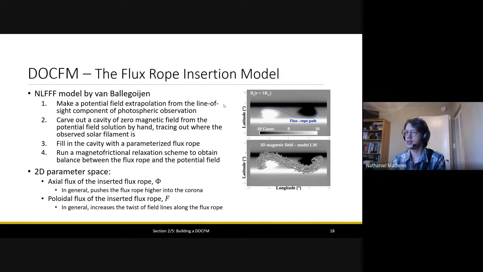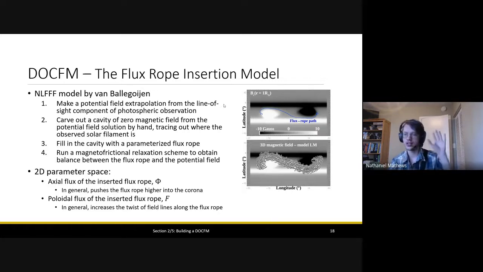The flux rope insertion model is a force-free field model, which, remember, like I said, has some issues, but it's simpler than MHS. So we'll start with this and we'll see how it works. It begins by taking a potential field extrapolation of the line of sight component of photospheric data, and by hand you carve out a little cavity tube of no magnetic field, and you trace, based on observations of the sun, where you think the filament is.